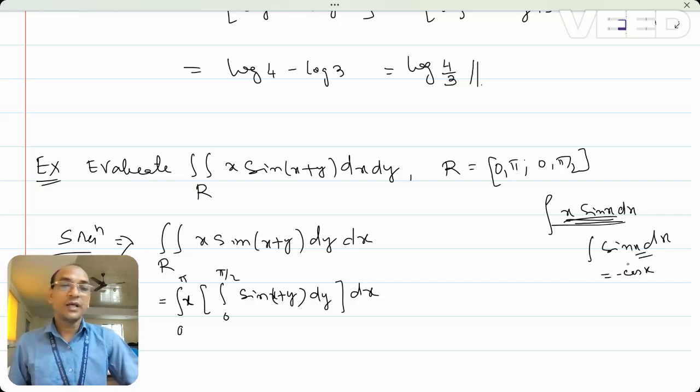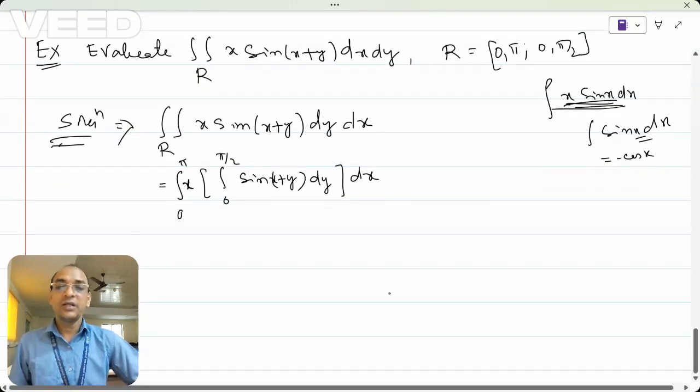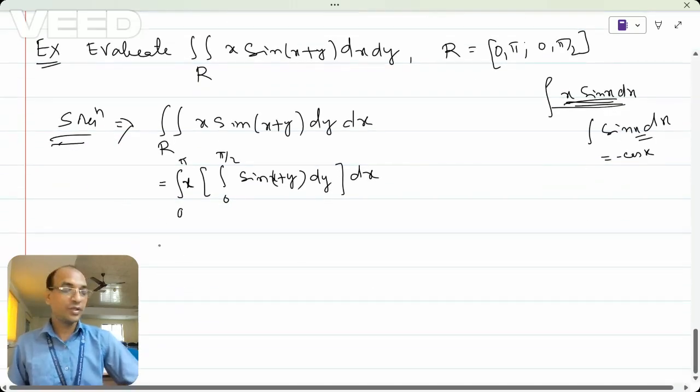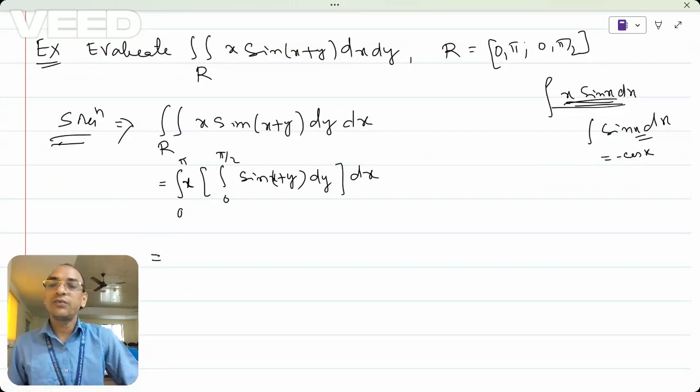So in place of x, I will have x plus y, but with respect to y, x is treated as constant. So either it is x plus y or x minus y, the integration will be with respect to y, so it will be unchanged. That is the reason when you get such a type of problem, you should take the inner and outer integral very carefully, otherwise you will face difficulty.